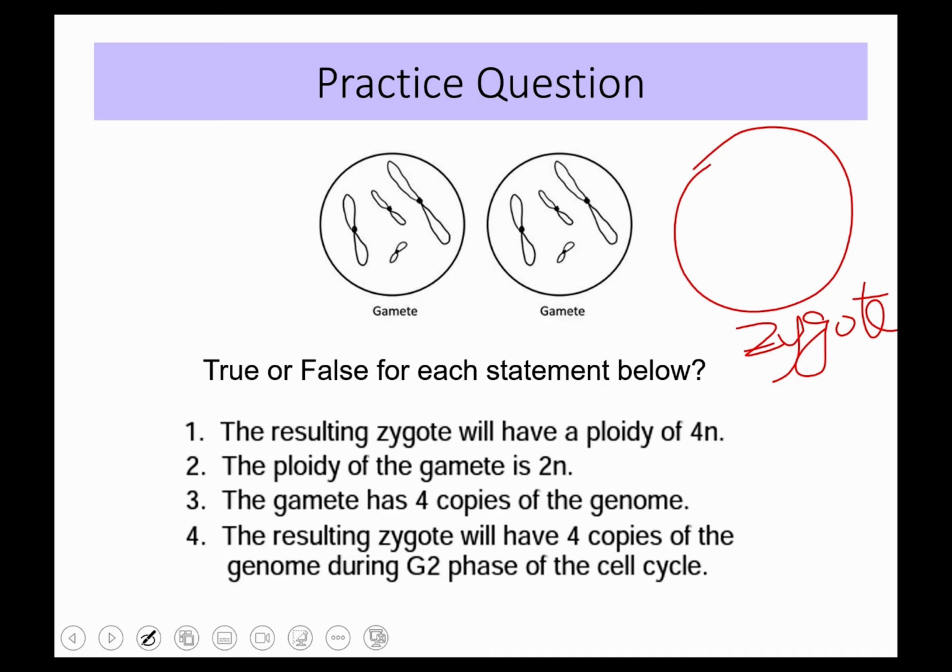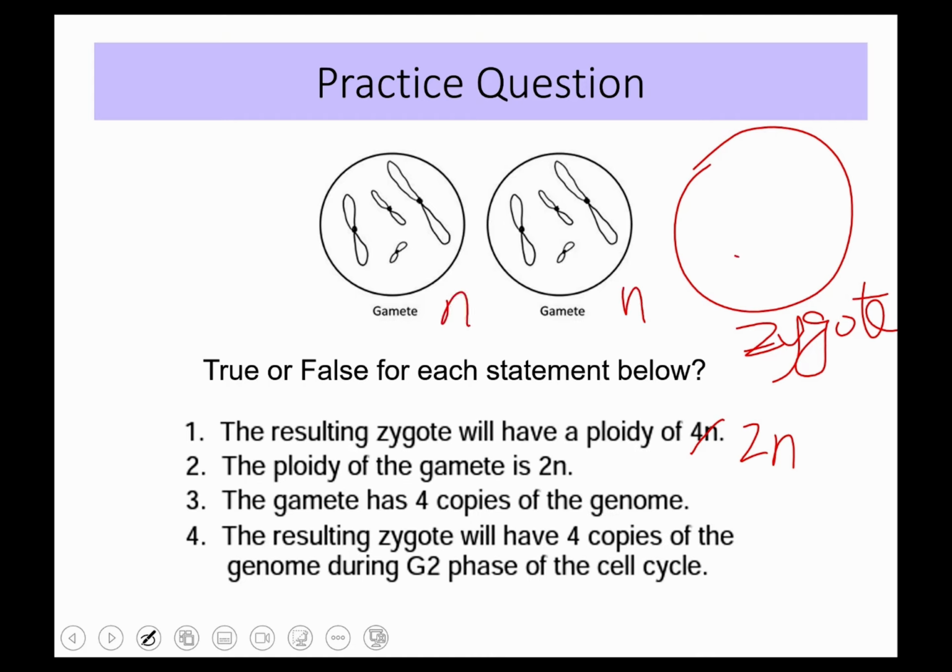What is the ploidy of the zygote? 2n. The ploidy of the gamete is 2n. The gamete that you see, is that 2n, or is that n, or is that 4n? What is a ploidy of the gamete? N. 1 unique set. Count all the different sizes. That's 1 box of chocolates. N. So these are n.